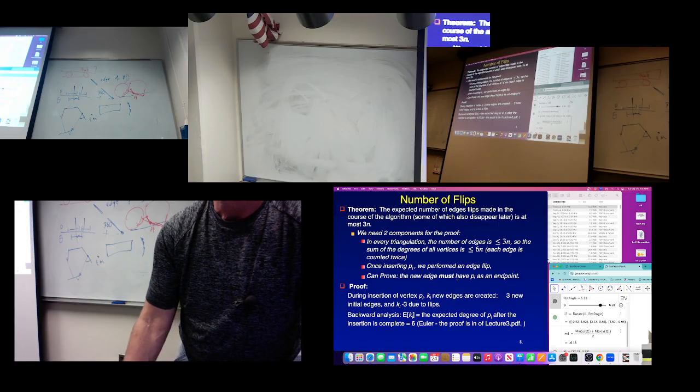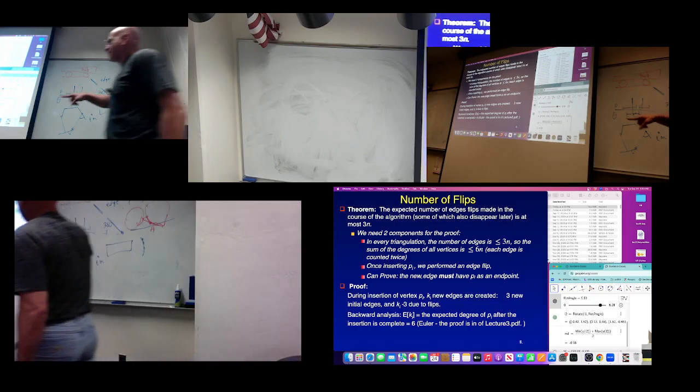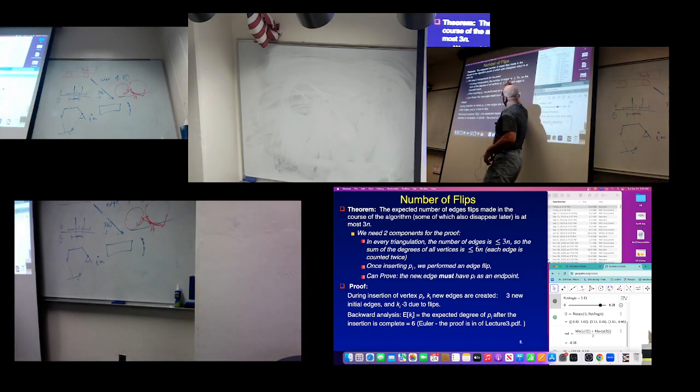So, the number of flips, what are we taking from it? It's what would be the degree of a vertex, and it's much easier to see it in the Voronoi diagram rather than in the Delaunay triangulation.